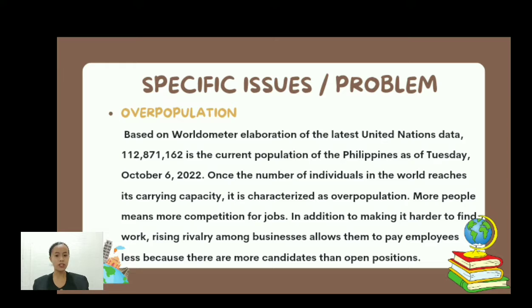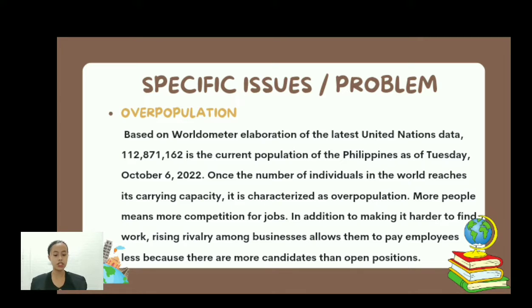Once the number of individuals in the world reaches its carrying capacity, it is characterized as overpopulation. More people means more competition for jobs. In addition to making it harder to find work, rising rivalry among businesses allows them to pay employees less because there are more candidates than open positions.